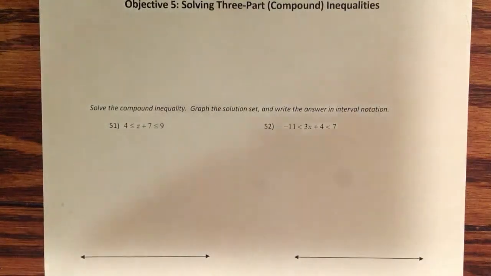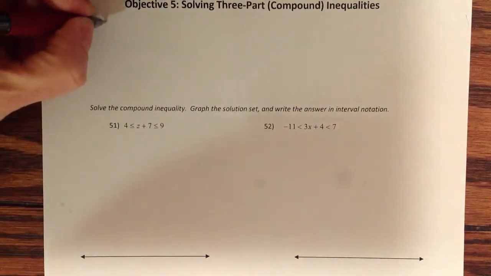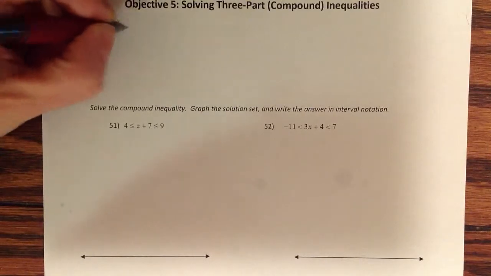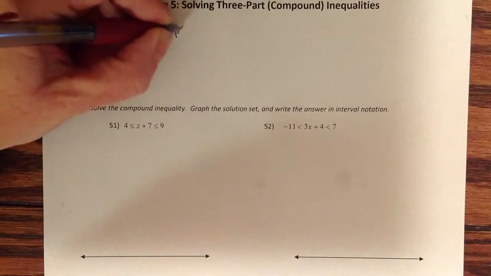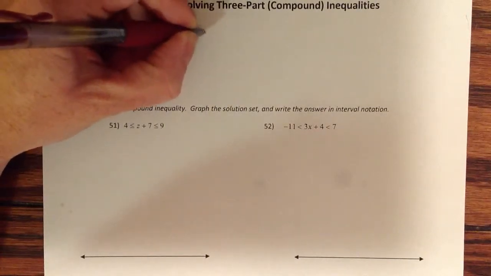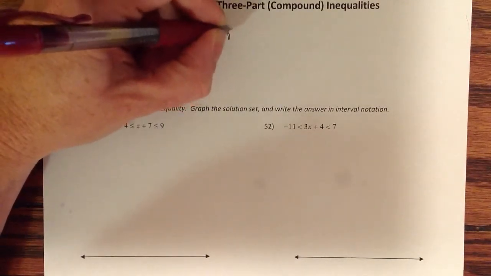For objective 5, we're going to solve something called a three-part or a compound inequality. Now the steps that we use to solve this are still the same 7 steps from solving equations.